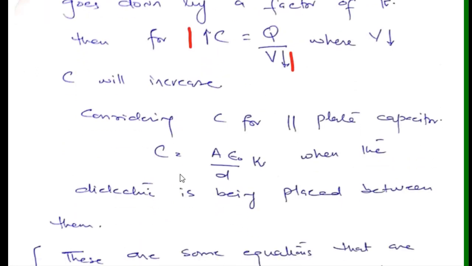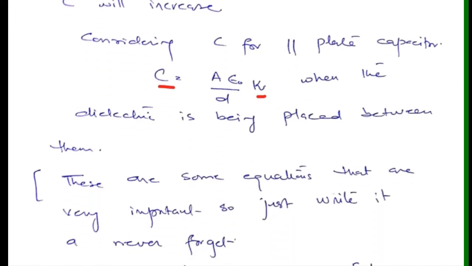So remember this formula we have used for the parallel plate capacitor to calculate its capacitance. We know that for the parallel plate capacitor, C is equal to A, which is the area of the plate, epsilon naught, the constant, over d, the separation of the plates, times kappa. So it is when the dielectric is being placed within the capacitor.